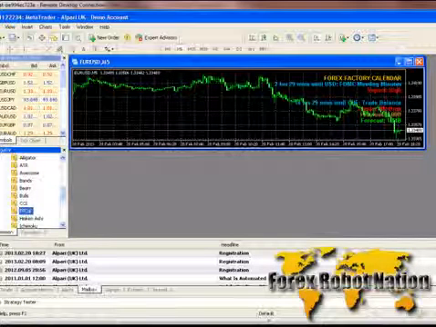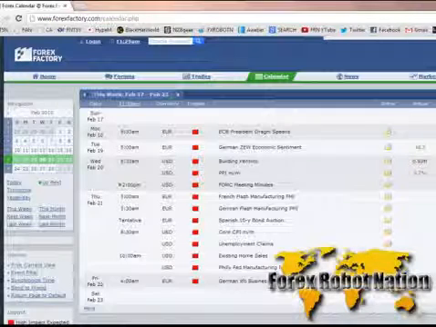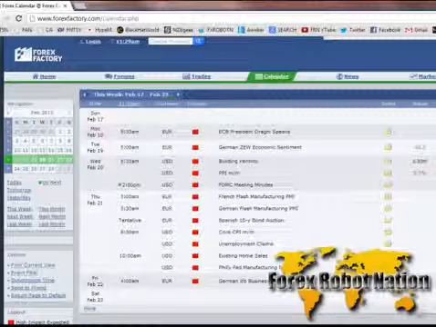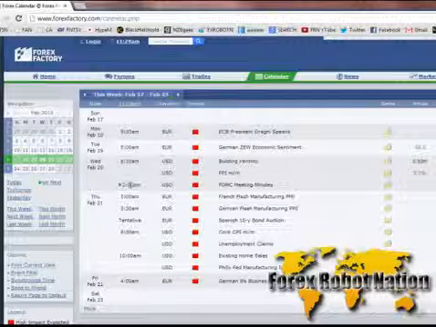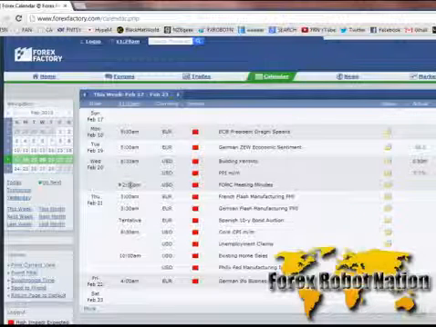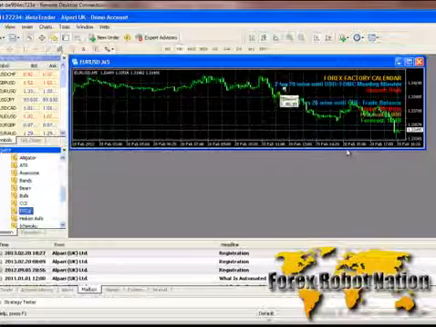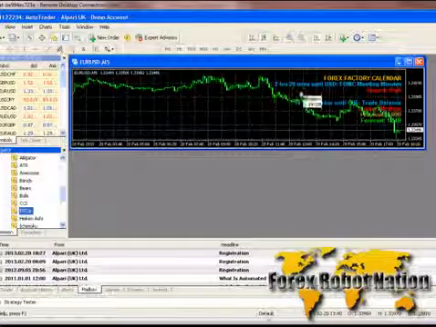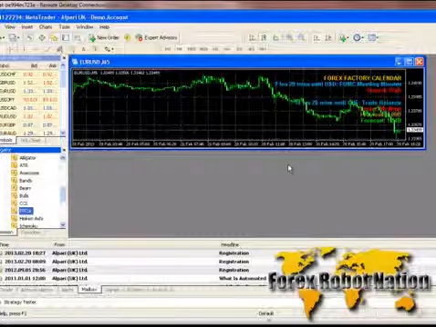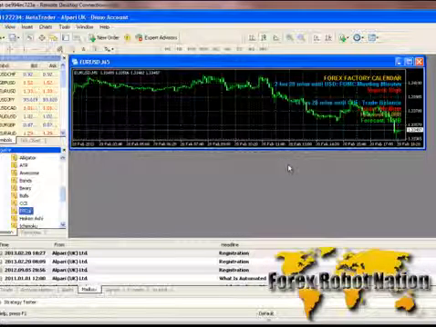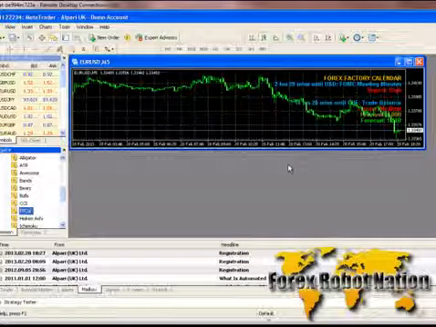And now that I have that information, I can go to Forex Factory calendar and I can see right here that these meetings are at 2 p.m. And now if I look at my clock on my computer, it says 11:30. And if I do the math, 2.5 hours to 11:30 means the FFcal indicator is right, and I would have a DST offset of 0.